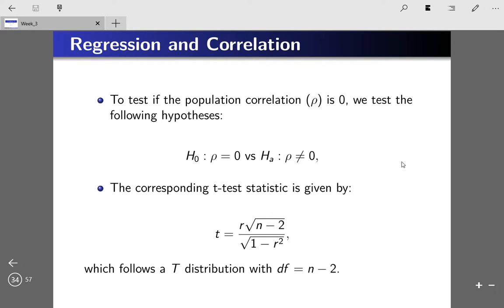So it's not really intuitive why this is the formula for the t-test statistic, but it's based on theoretical derivation, I think, by a guy named Ronald Fisher, who is well known for a lot of areas of statistics.